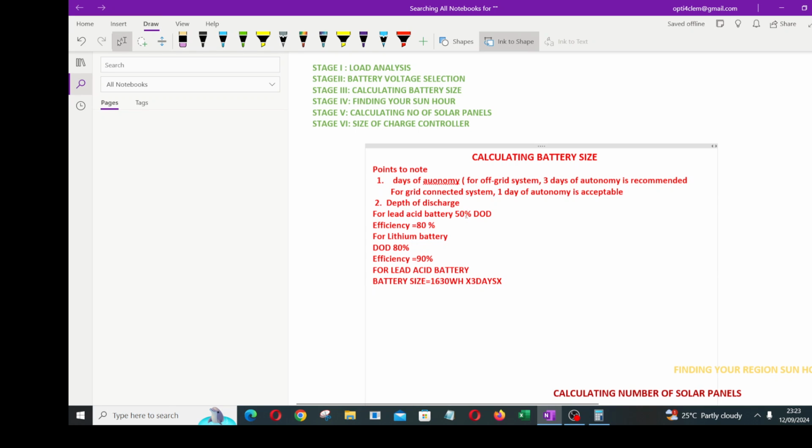Which means when you want to charge a lead acid battery, you're actually charging only half of the total storage. So you now multiply by 2. Then the efficiency is 80%, so we multiply by the conversion efficiency, which is 1.25.